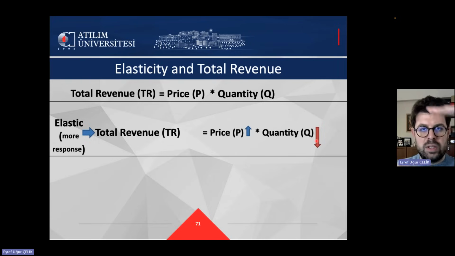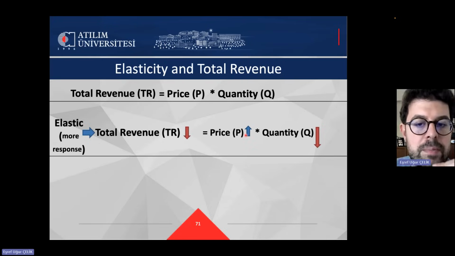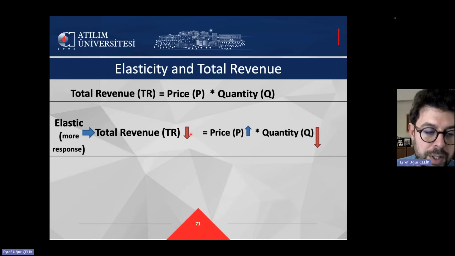The size of the decrease is greater than the increase of price, so the total revenue becomes lower. So for elastic goods, if you increase the price, the total revenue becomes lower.